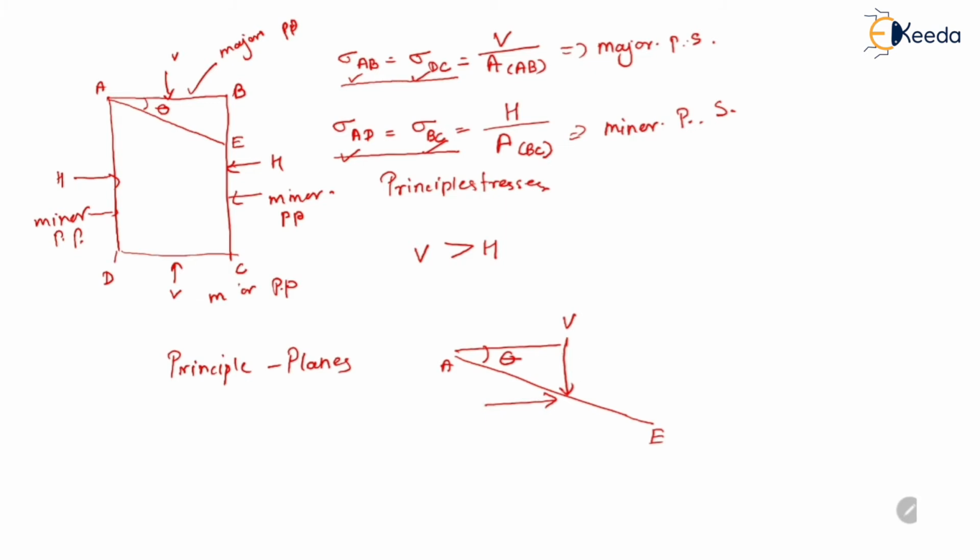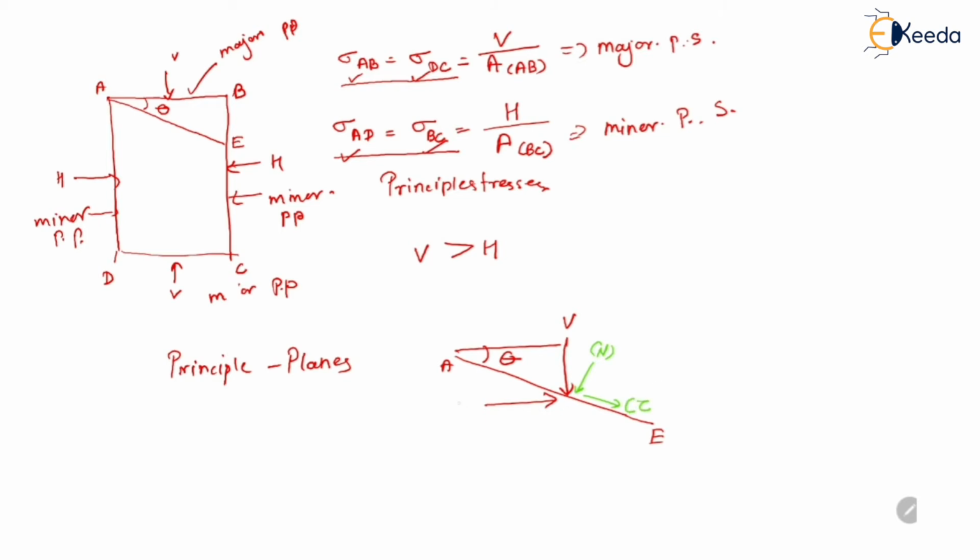This vertical force acting on AE can be resolved into two components: the component normal to the surface AE and the component along the surface AE. The normal component will be called normal stress and the tangential component of V will be called shear stress.